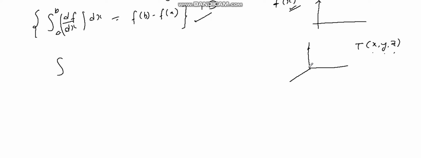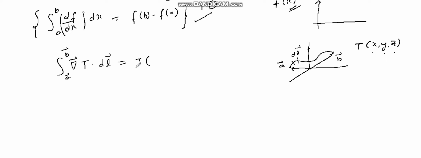Suppose that a particle moves from a position vector A to some position vector B. What we know is that when we take the gradient of that field, dot product with the infinitesimal displacement vector dl, moving from position vector A to position vector B, that will give the field at position vector B minus t at point A, right?